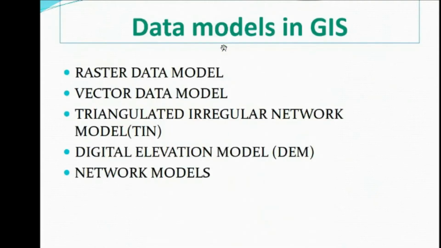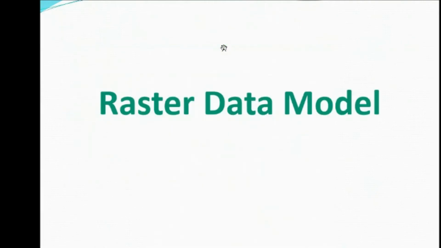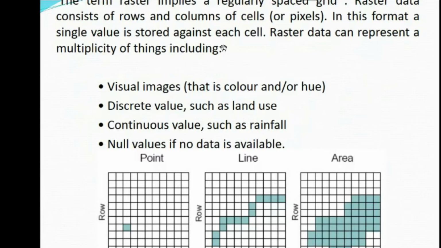Now in detail we are going to study each of these models. First, the raster model. As I already told you, the raster model is mainly used for continuous values such as rainfall.